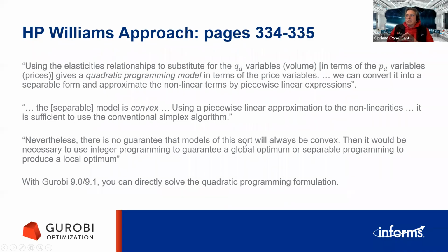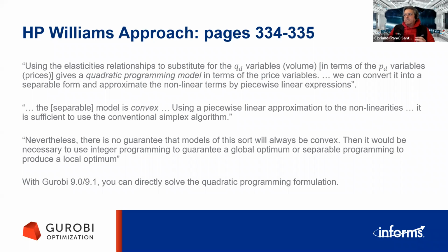And what I want to emphasize here is if you go to the H.P. Williams book, and these pages 334 to 335, you will see that H.P. Williams needs to do a lot of acrobatics to solve this problem. First, using the elasticity relationships, he expressed all the problem in terms of the prices.